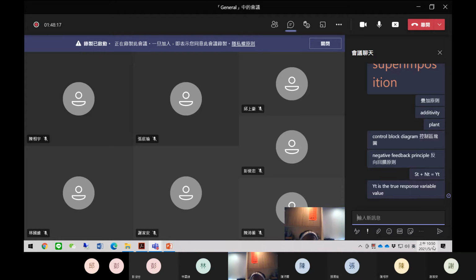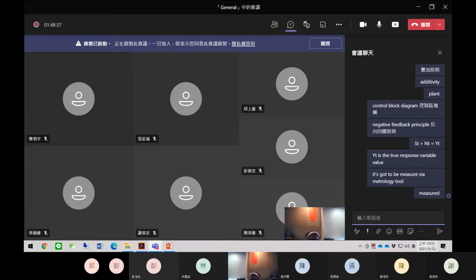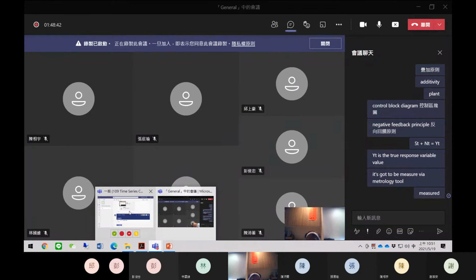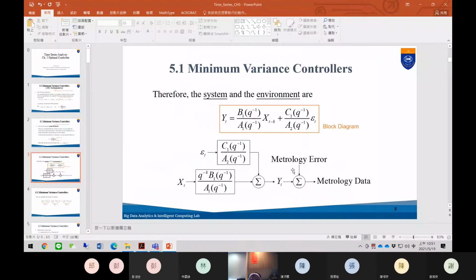How can we know? It has to be measured by a metrology tool. So in here, there is also some error incurred during the metrology, called the metrology error.